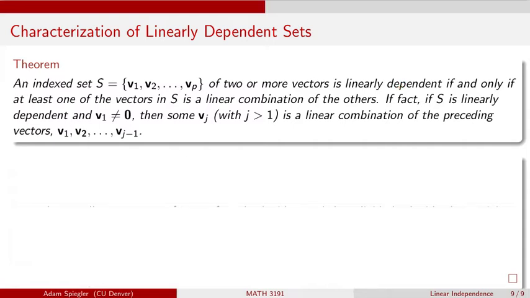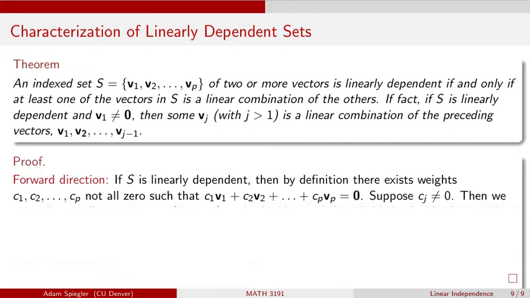So let's first consider the forward direction. So I'm going to assume that this set of p vectors is linearly dependent. And what I'm hoping to show is that at least one of these vectors in the set S is a linear combination of the others.